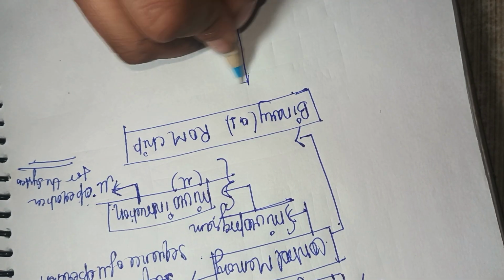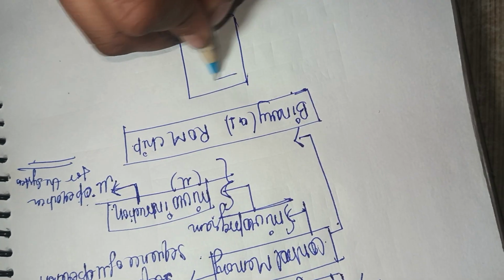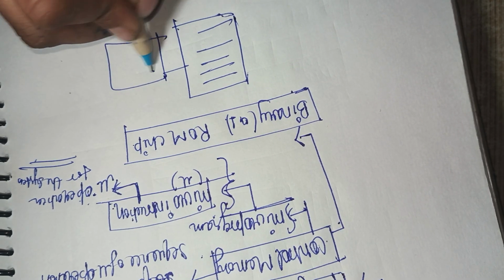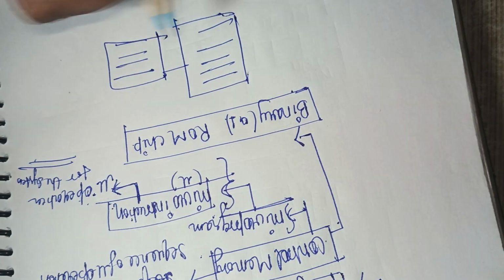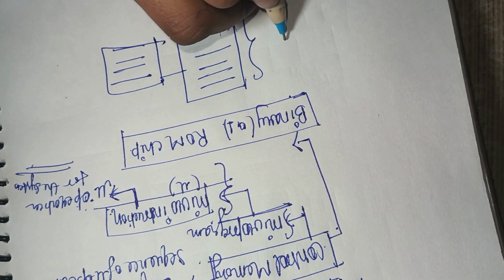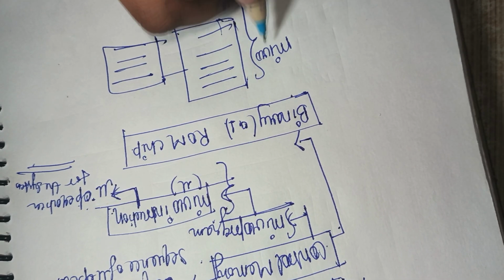Like these are the micro instructions, and from here are the micro operations, and the collection of the micro instructions is called the microprogram.